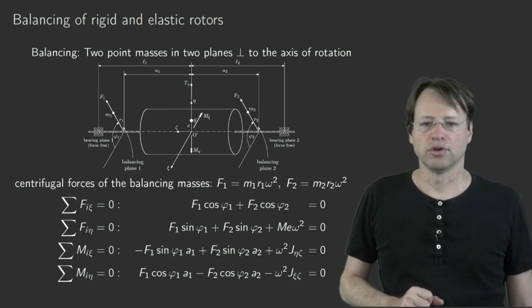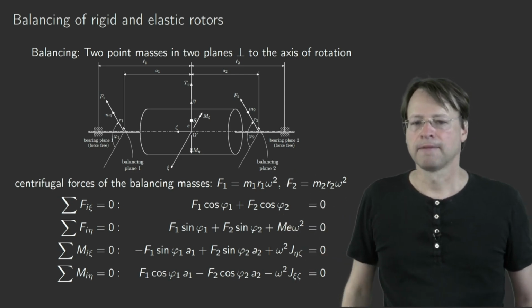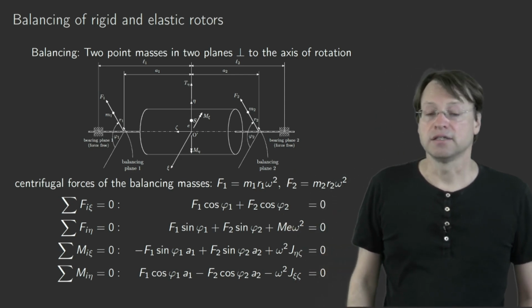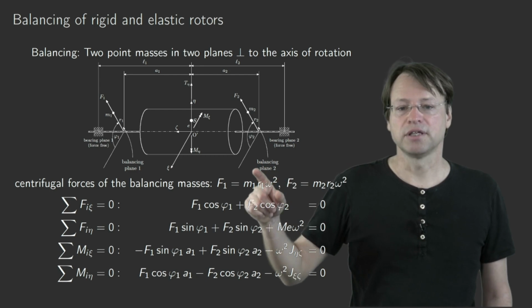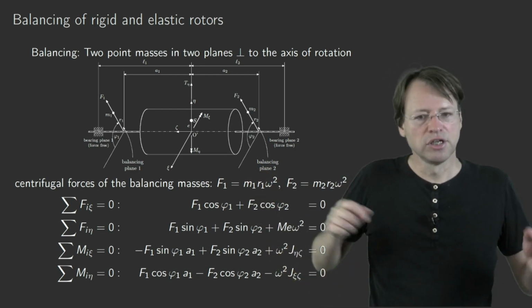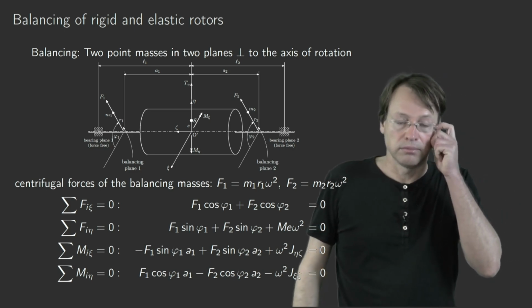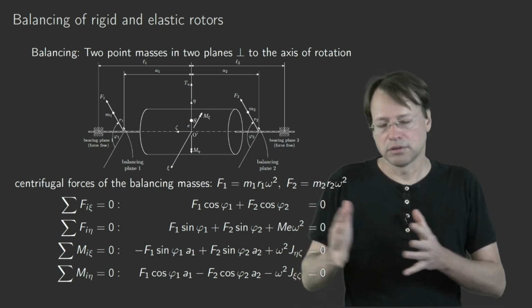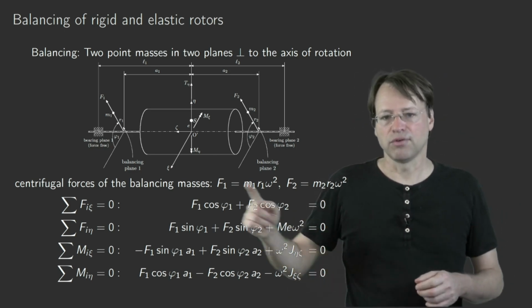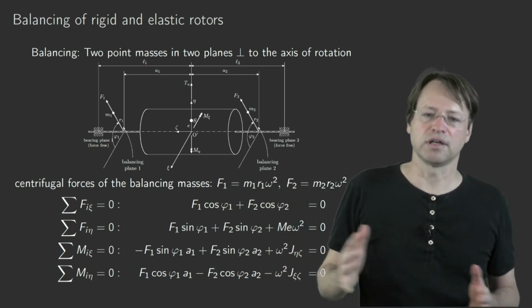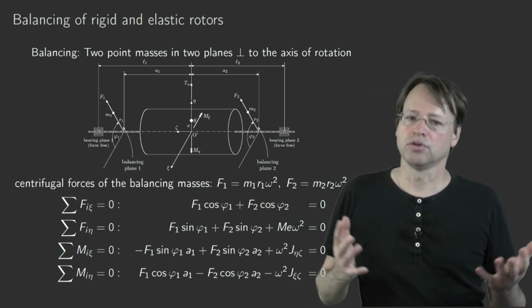So in order to determine your balancing masses, you can see that inside these balancing masses you have parameters, namely you can vary the mass, but you can also vary the radius. The effect is the same if you vary the mass or if you vary the radius. So this depends on your choice.